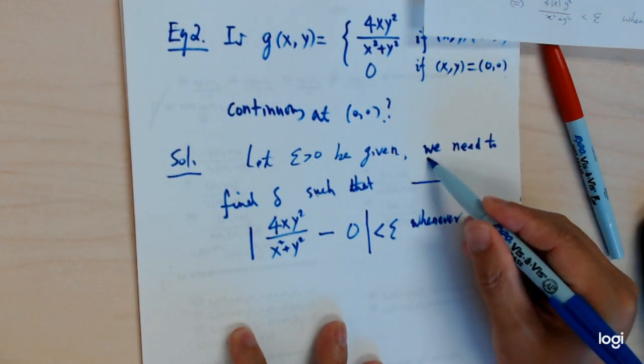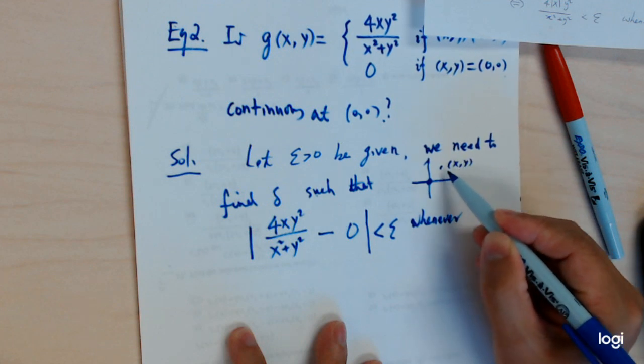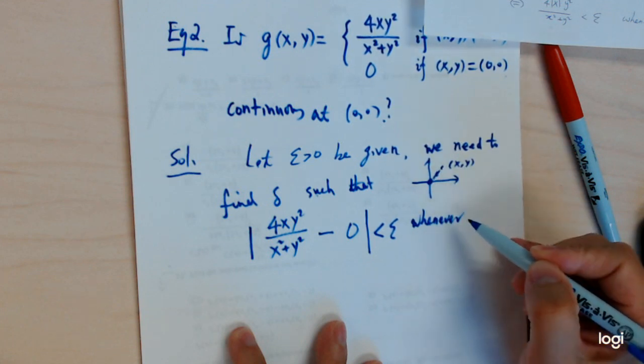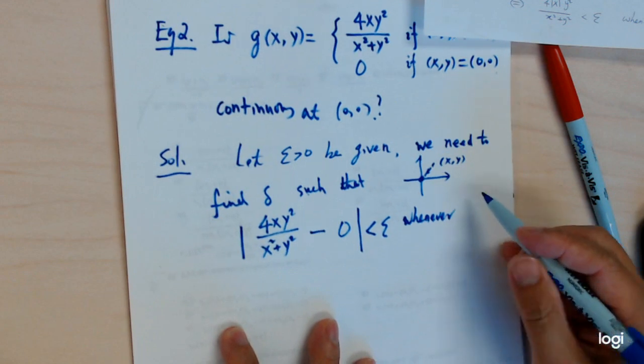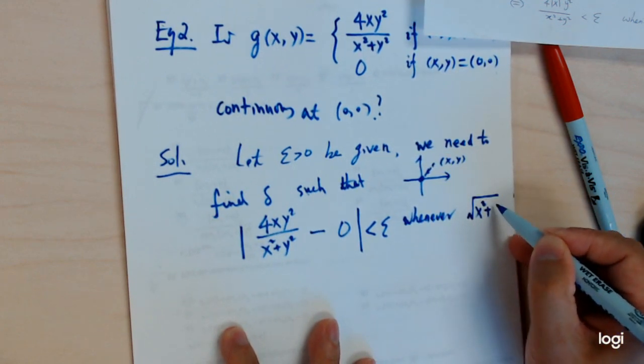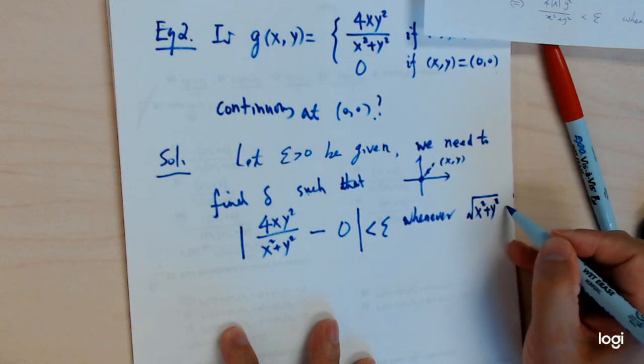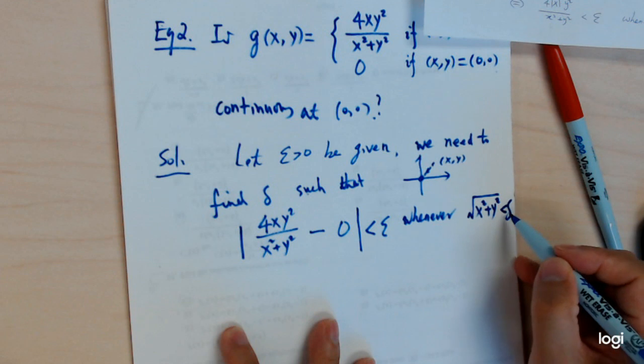So here you have the origin, you have a random point, you are trying to let xy approach 0, 0. So whenever that distance, for which we're going to use the Euclidean norm, the normal distance function, is less than delta. Okay?